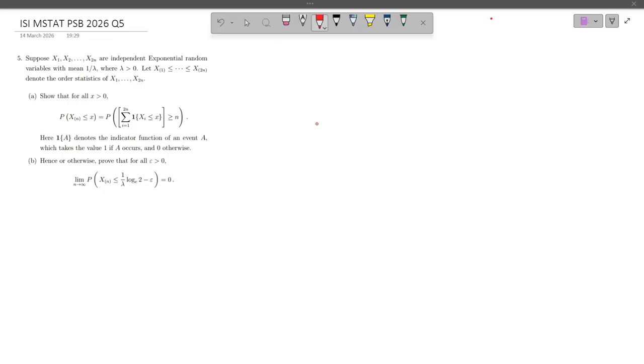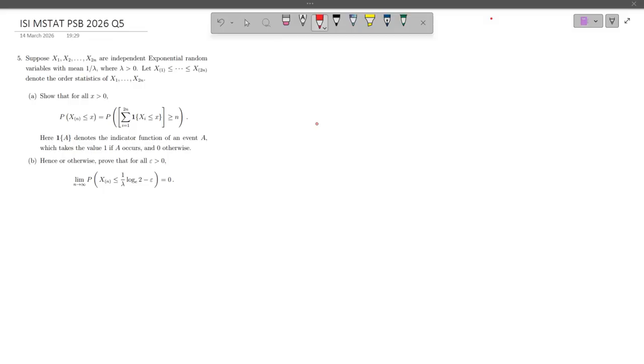Now, the probability that the nth order statistic is ≤ x means there are at least n observations below x, and that is nothing but the summation over i = 1 to 2n of the indicator of Xi ≤ x. The indicator of Xi ≤ x equals 1 when Xi is ≤ x.